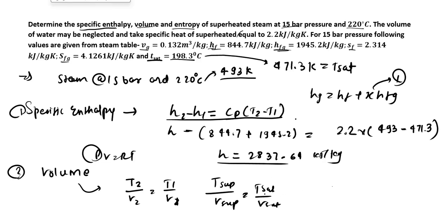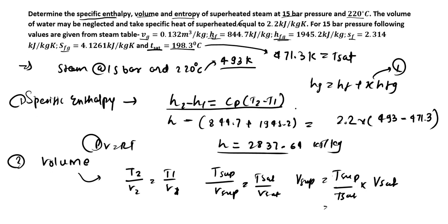So let us just calculate the V superheated. We have T superheated divided by T saturated into V saturated. T superheated is 493 and T saturated is 471.3.